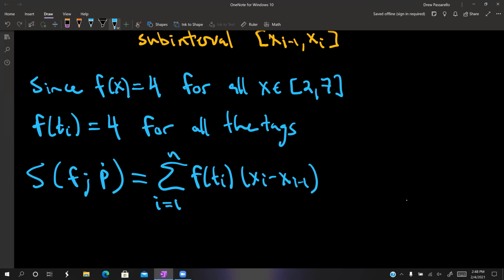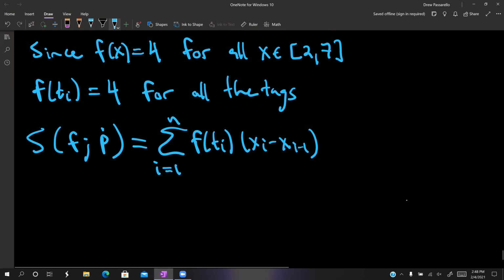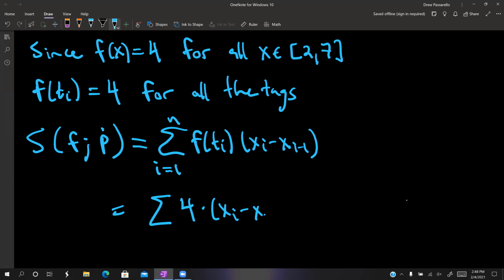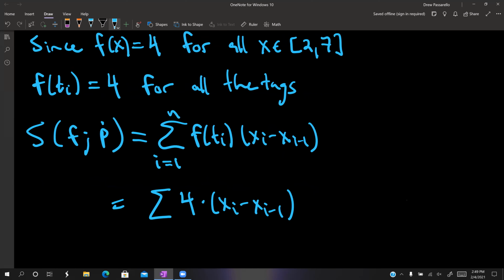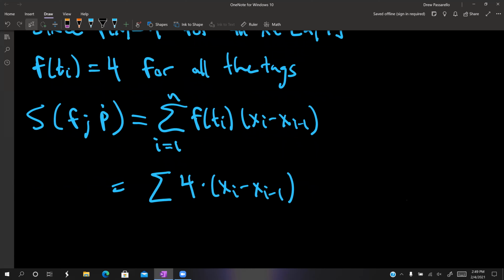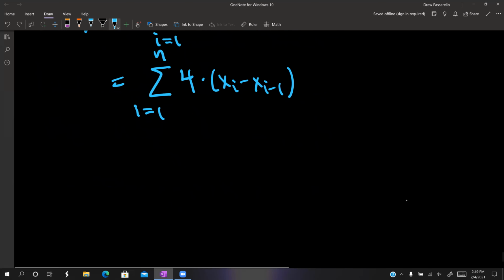We know that our function evaluated at each tag is 4, so that's equal to 4 times x i minus x i minus 1, from i equals 1 to n. And then that's equal to 4 times the summation of the x i minus x i minus 1.